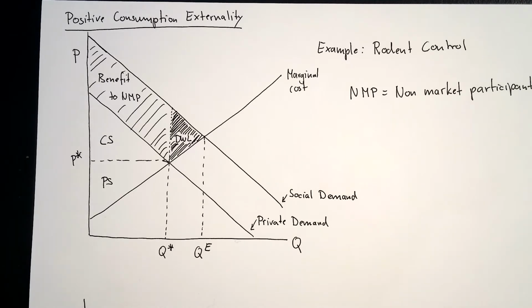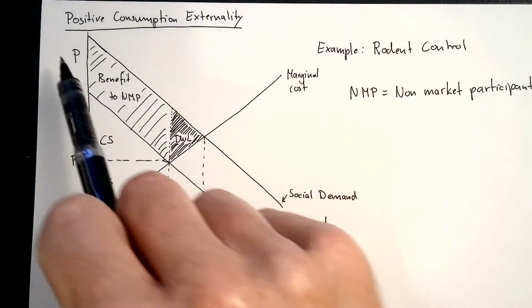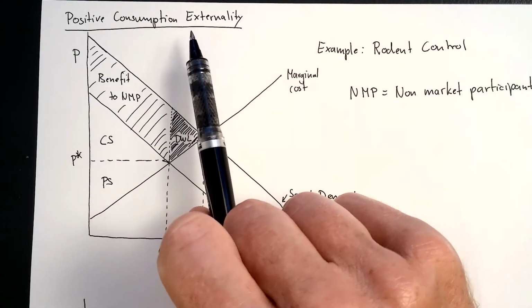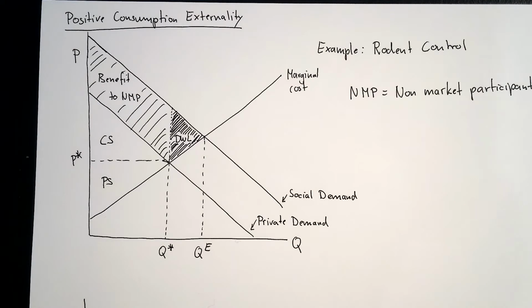The problem with the positive externality is that we are having an underproduction of goods, in the sense that when you have a positive externality, more should be produced, whereas if you have a negative externality, less should be produced.